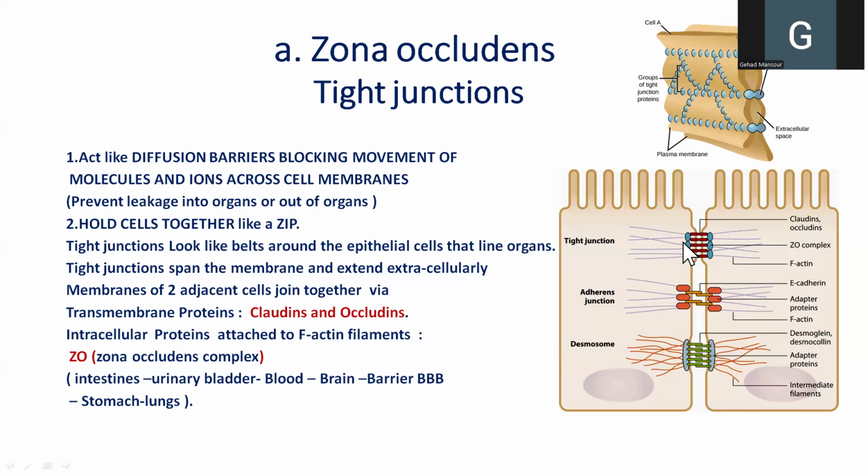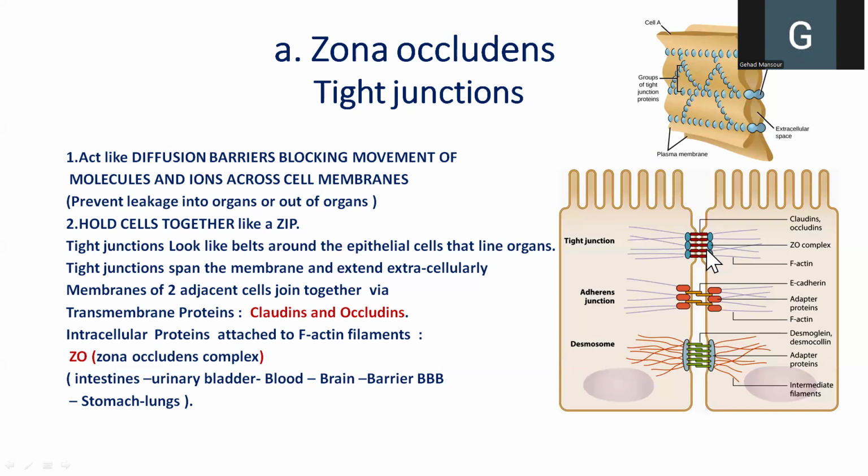And therefore, when they are present, they prevent the leakage of those ions and molecules into the organ or out of the organ. This is a kind of functional occlusion, but there is another physical occlusion, which means that they hold the cells tightly together like a zip.